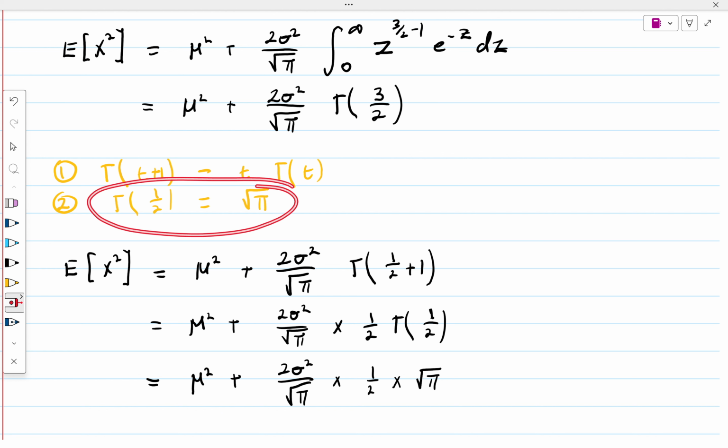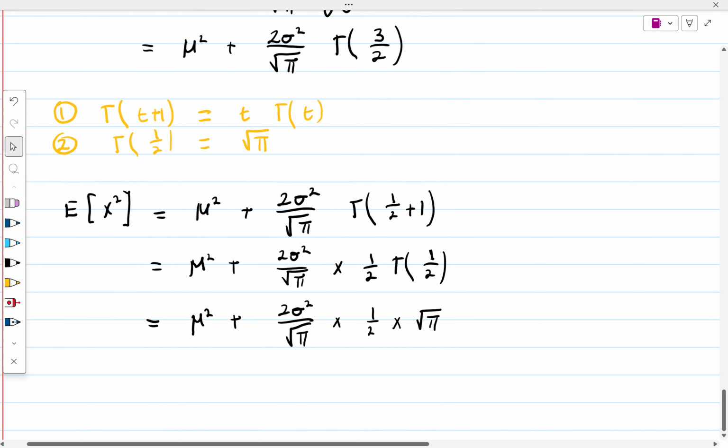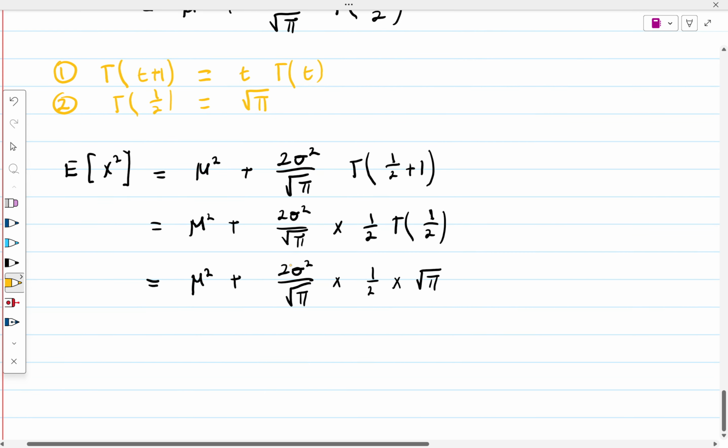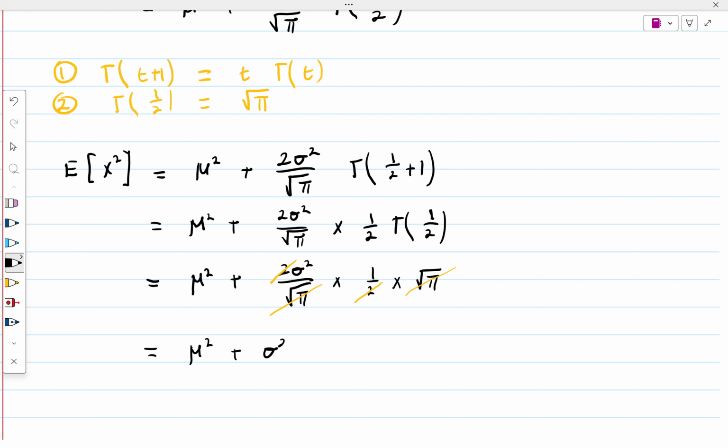And then after some cancellation, we can cancel this 2 with the 2 in the denominator here, and we can cancel the square root pi with the square root pi here. Therefore, we are left with mu squared plus sigma squared as the expected value of x squared.